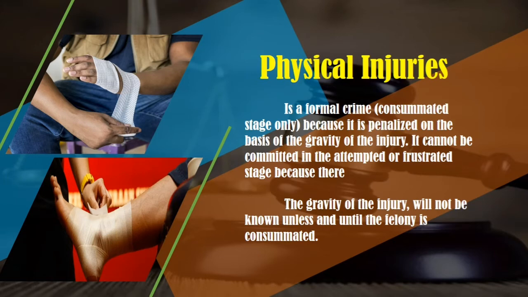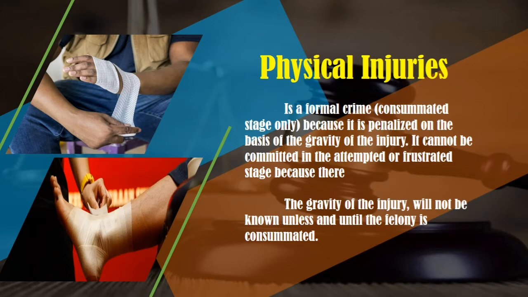And the gravity of the injury, whether serious, less serious, or slight, will not be known unless and until the felony is consummated. So proof beyond reasonable doubt is required for this kind of crime.